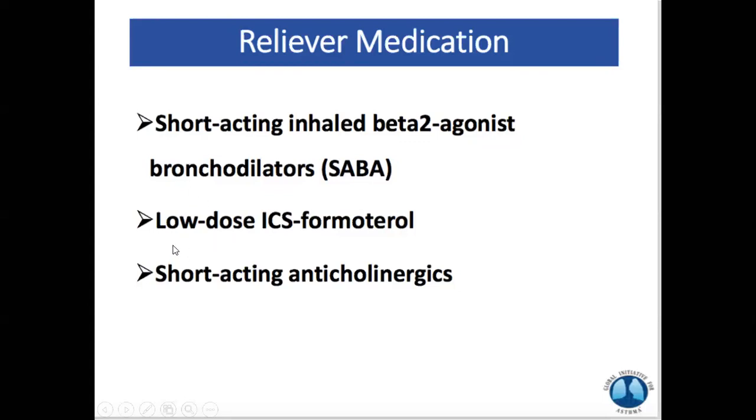So now the 2020 guidelines say that low dose inhaled corticosteroids and long acting beta 2 agonists, especially formoterol, can be used as a reliever medication. So now they don't recommend plain salbutamol as a reliever medication in adults. They always say to use low dose inhaled corticosteroids along with a long acting beta 2 agonist as a reliever medication instead of just a beta 2 agonist.